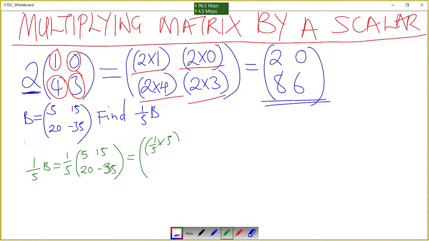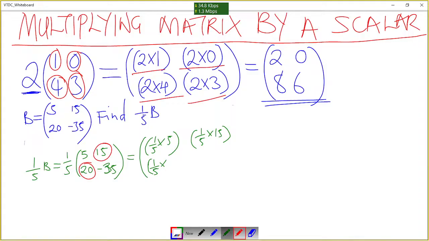Okay, then again we open a bracket, then we multiply 1 over 5 by this number, which is 15. So it's 1 over 5 times 15. Okay, close bracket. Then we come down, we open a bracket, then we say 1 over 5 times the number that is occupying this position, which is 20.